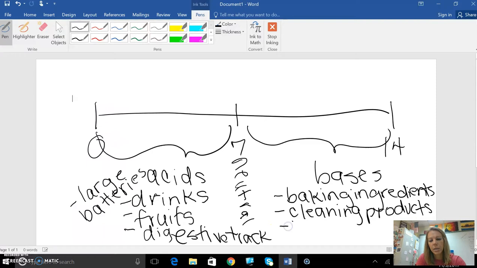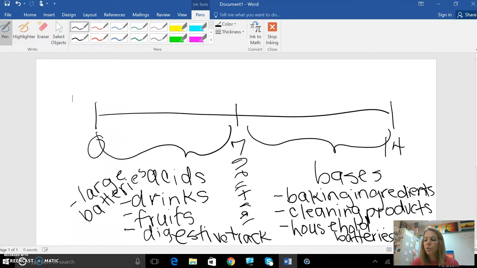And last but not least, we have household batteries. So those batteries that you are more in contact with, like ones for your cell phone or D or AAA or AA batteries, that would be an example of a battery that is a base.